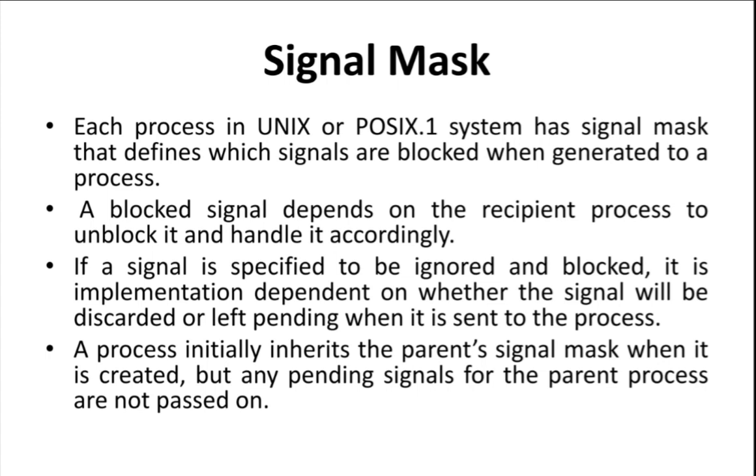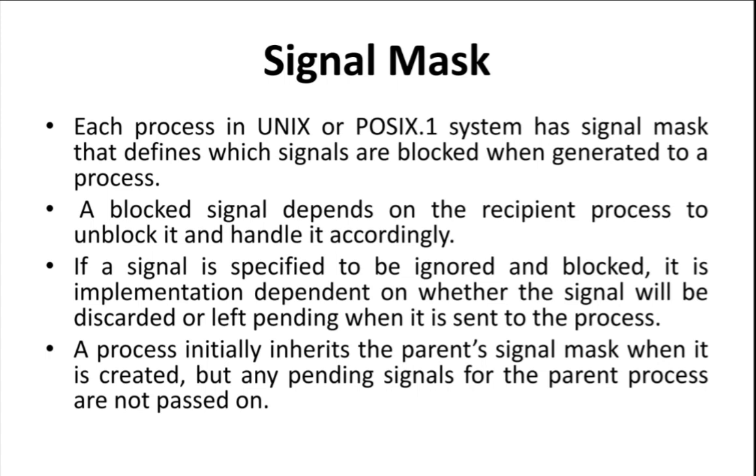So when you create a child process, whatever signals are blocked by the parent, the same signal details will also be passed to the child. The child will inherit the parent's signal mask. Whatever signals are blocked by the parent, the same signals will be blocked by the child process also.